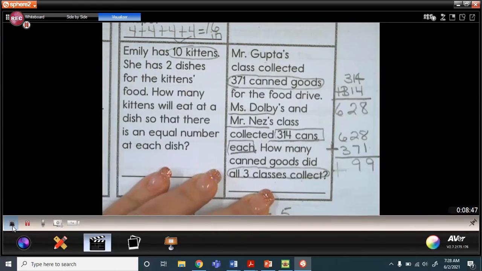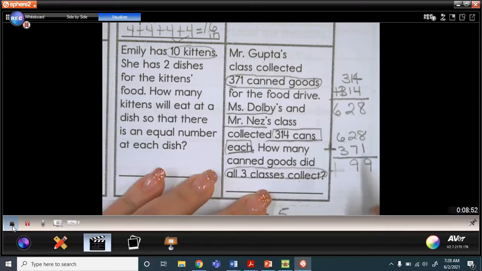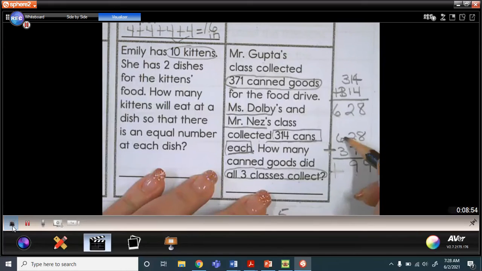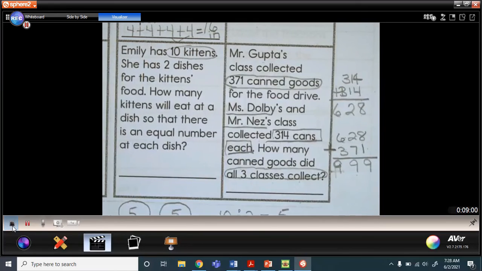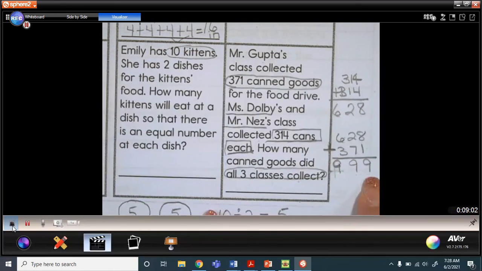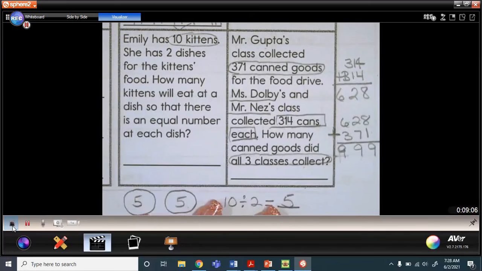That means I don't have enough tens to make a new 100. So that 90 stays in the tens place. And the 600 and the 300 makes 900. So 999 is the total cans that they collected for the day.